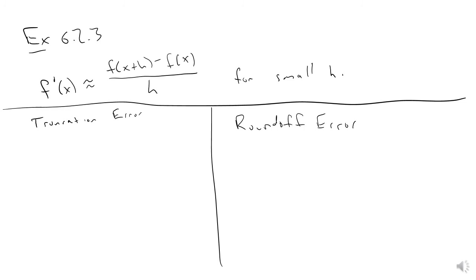First, with truncation error, they show in the book that f prime of x can be written exactly, not as an estimate, but exactly as the difference quotient, f of x plus h minus f of x over h, minus h over 2 times f double prime of psi.